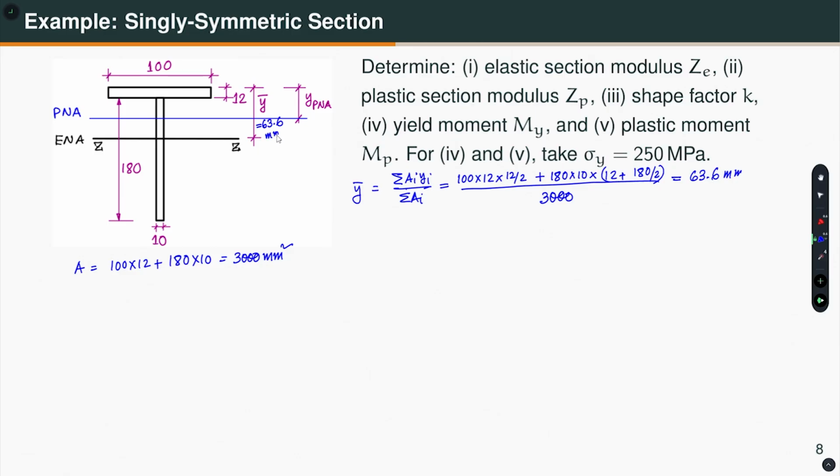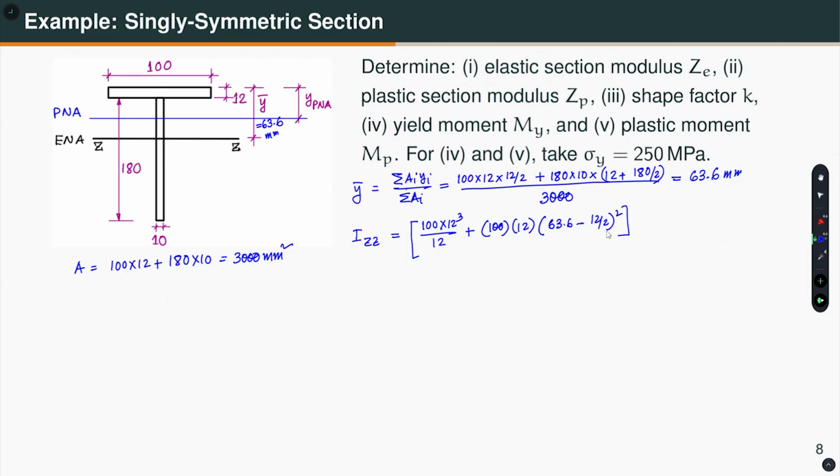So, that is y bar, equal to 63.6 millimeter. Now, we can calculate the moment of inertia I z z again using the parallel axis theorem. For the top flange, there is only one flange here, BD cube by 12 plus A R square. So, 100 into 12 into the distance square, that is 63.6 minus 12 by 2 whole square.